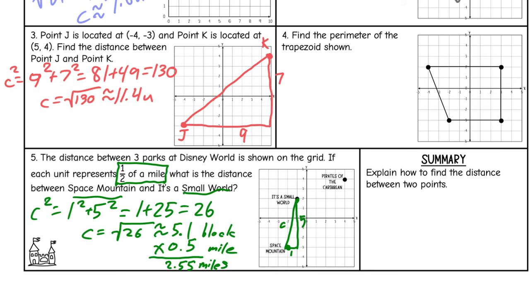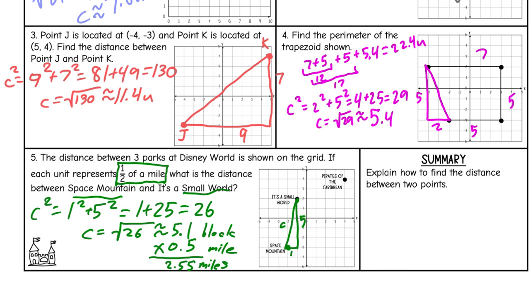Now, just like we found the distance, I want you to pause the video and try finding the perimeter in number 4. Remember, perimeter means add all four sides together. So we know that to find the horizontal and vertical sides, we just need to count the blocks.